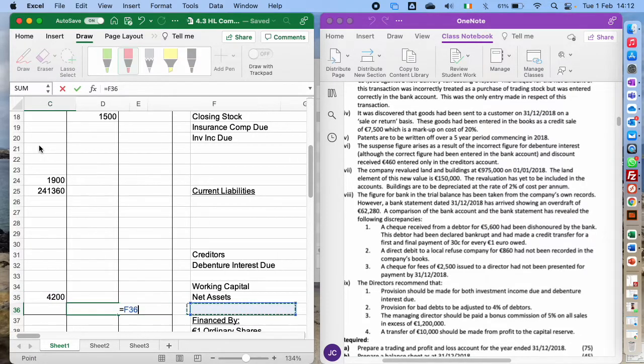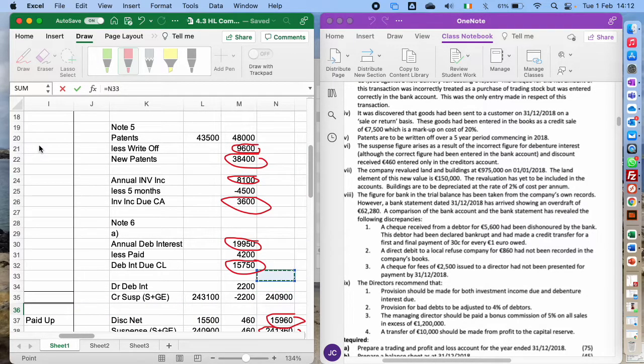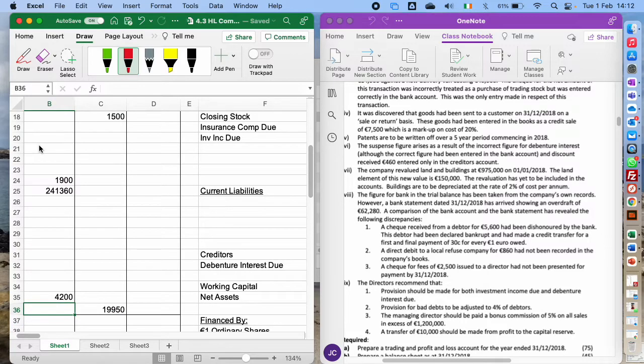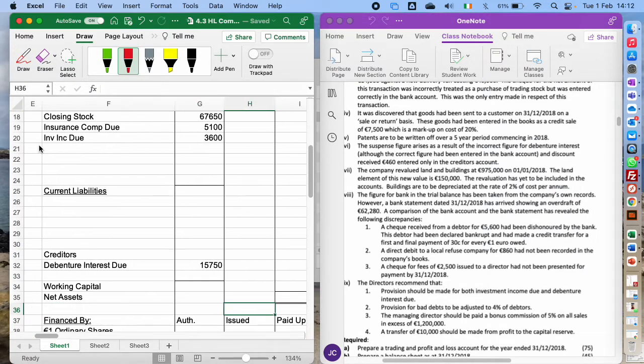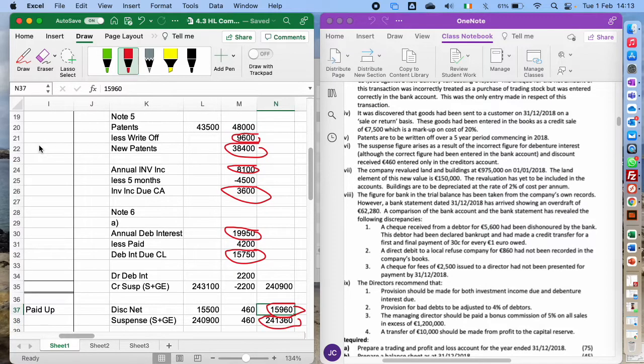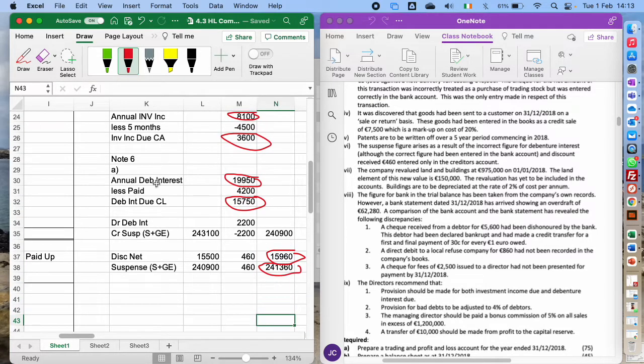The annual figure is the 19,950. So the difference then is going to be my current liability, which I'll put in over there. I've got my discount, my salary and general expenses is done, and debenture interest, and that's it.